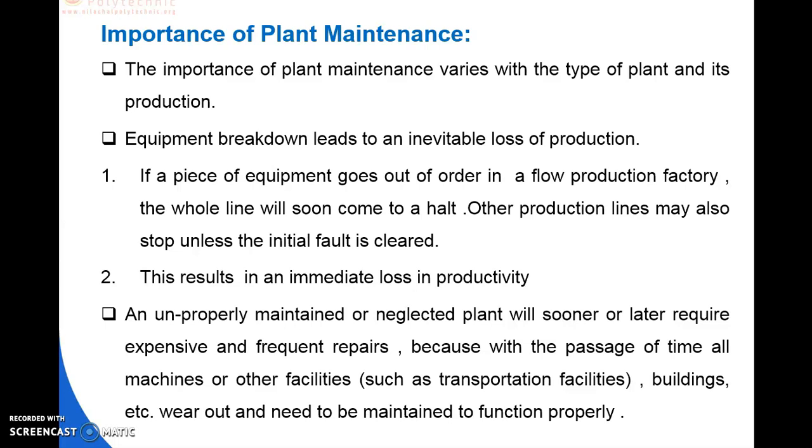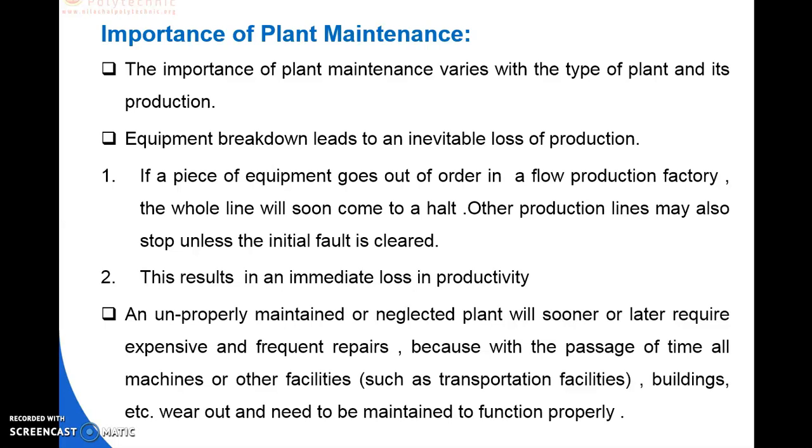How does the loss of production take place? We know that the final product is obtained by utilizing the raw material processed by different machining centers using different technical persons, and if the final product does not reach the market in proper time, then customer satisfaction may decrease.